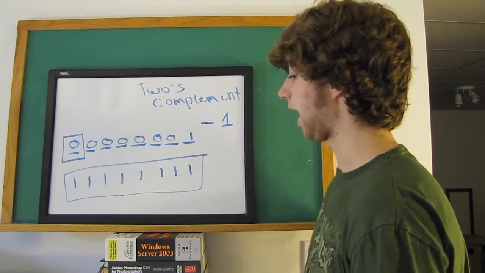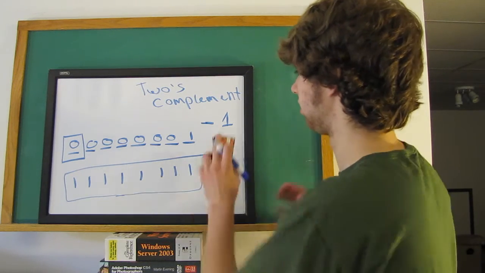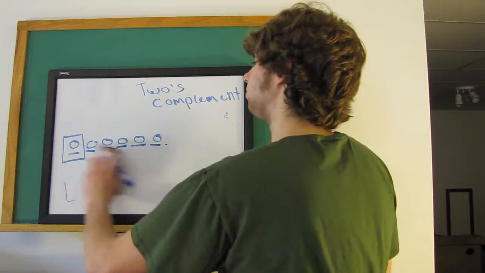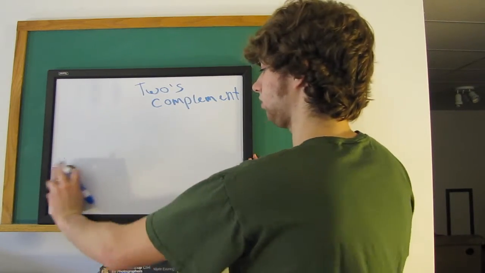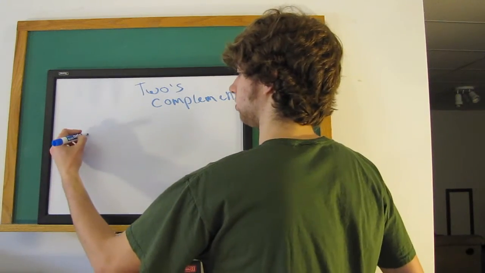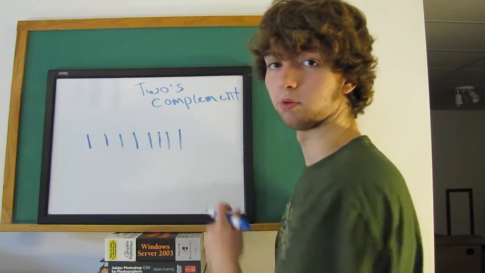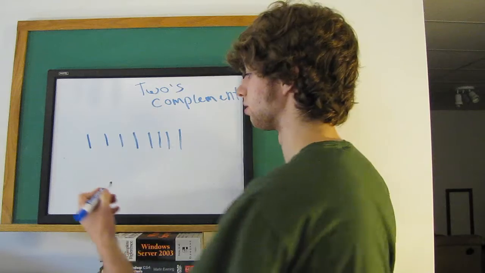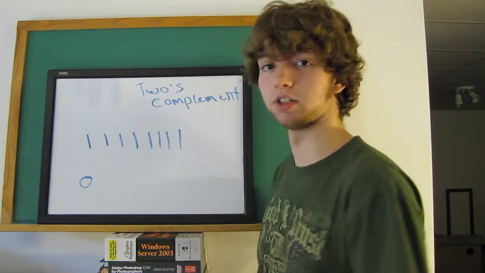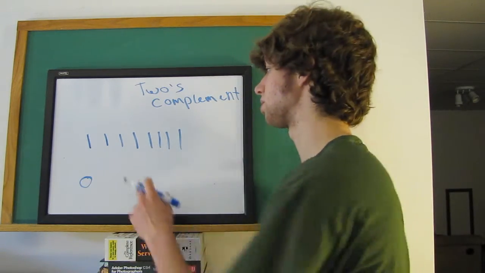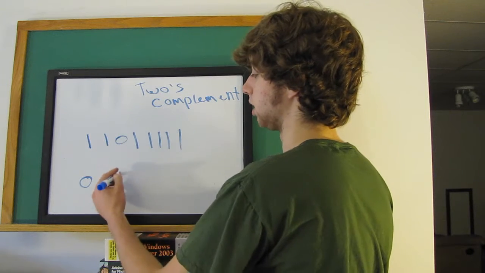So, to convert back, let's say we have -1 now. 1, 1, 1, 1, 1, 1, 1, 1. This is -1. What we can do is convert them all to zeros, or basically switch it. If this was a 0, for example, it would become a 1.